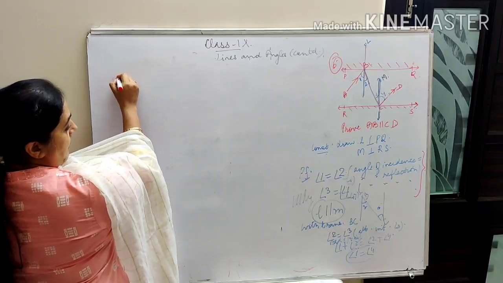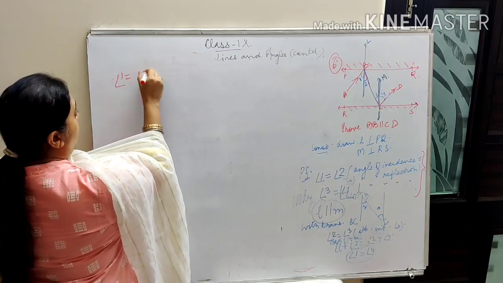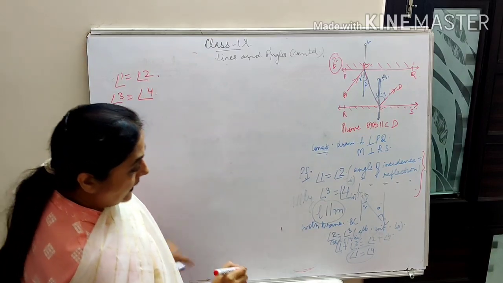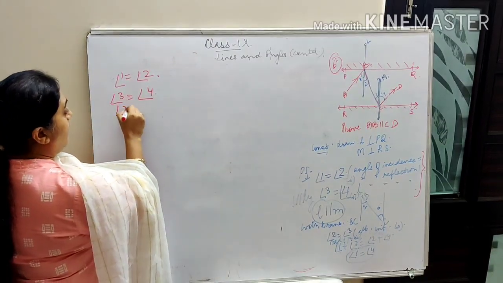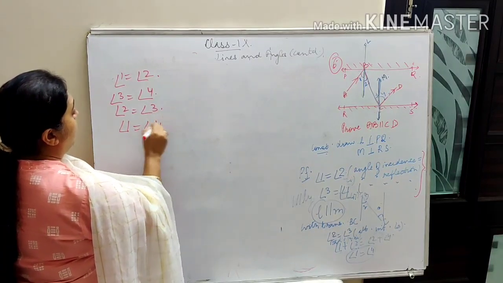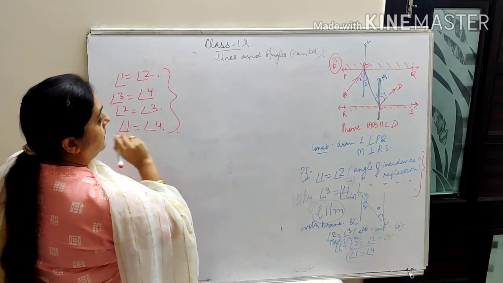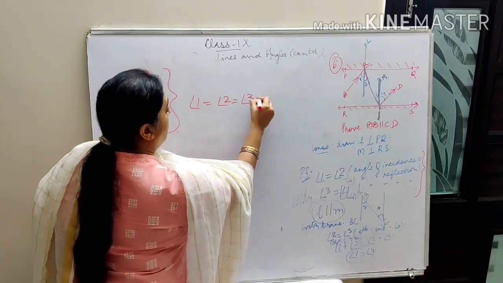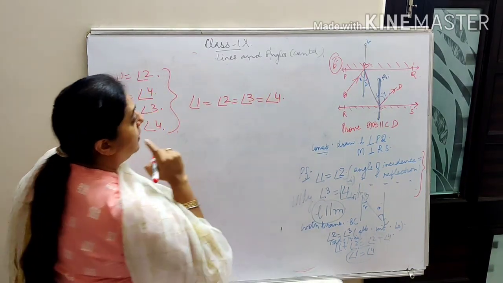Now please check. What do we have? We have 1 equal to 2, 3 equal to 4, 2 equal to 3, and 1 equal to 4. From all these things, I can get 1 equal to 2 equal to 3 equal to 4.